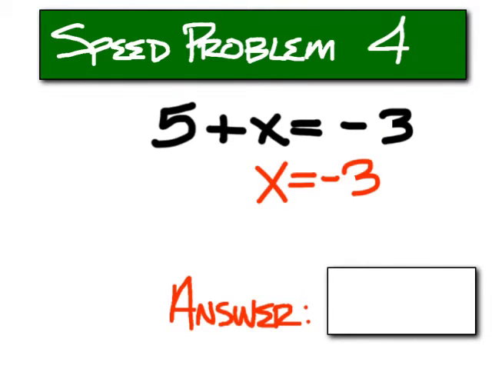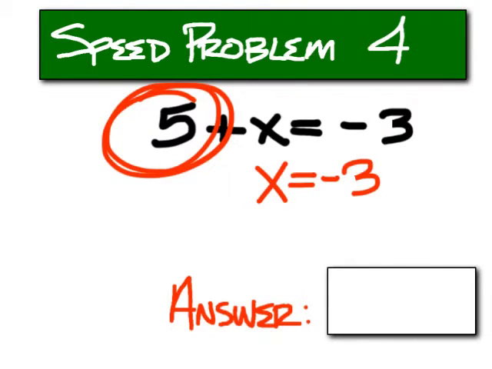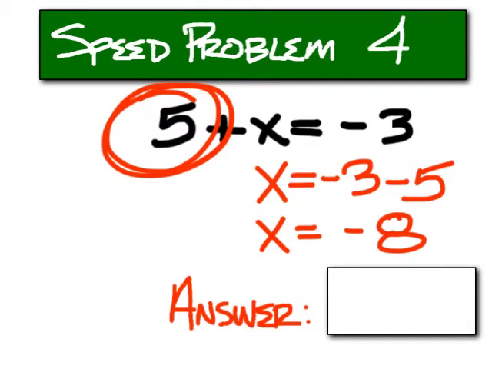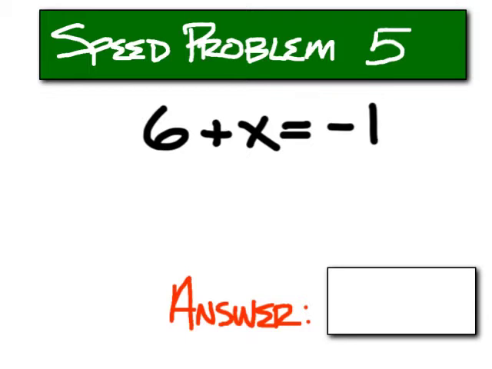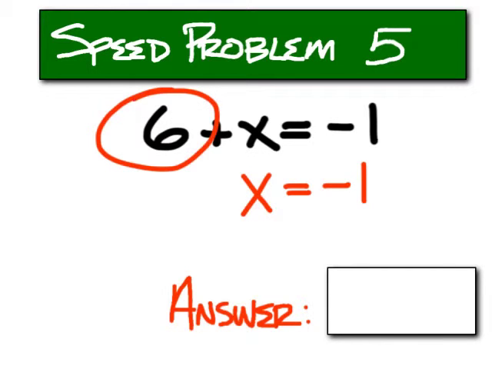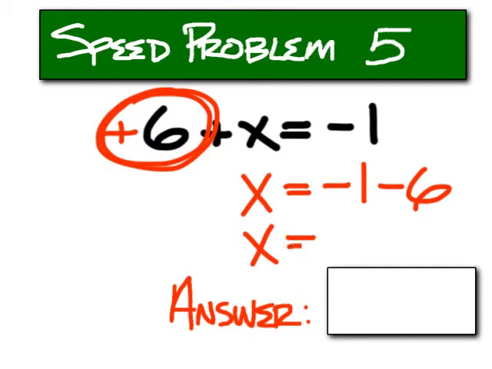The solution should be negative 3 and then the opposite of this, which is minus 5. That would give you a negative 8. The solution on this is that you have to move this 6 to the right side. It is plus 6 on the left. It becomes minus 6 on the right. Negative 7 is the answer.